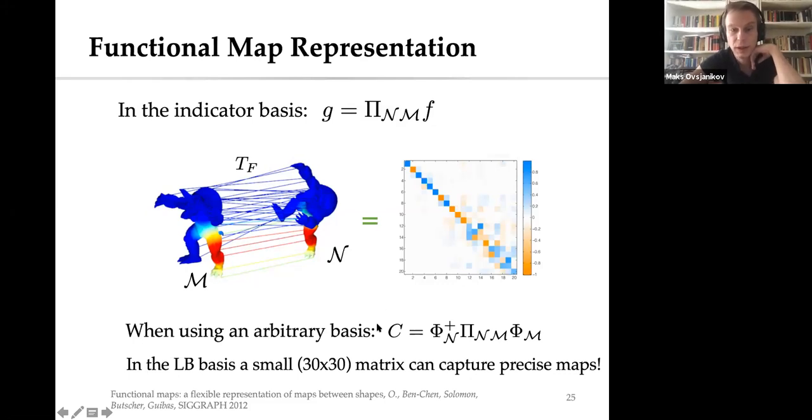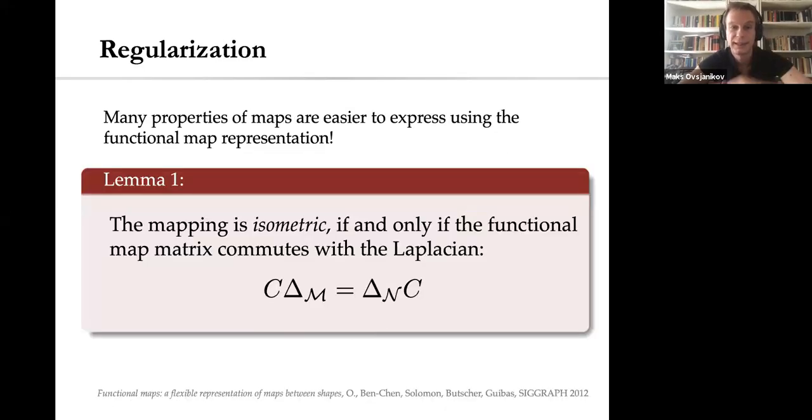And what's nice is that many properties of maps actually become easier to express using this functional map representation. I'll give a couple of examples. A correspondence is isometric, so it preserves geodesic distances, if and only if this matrix C commutes with the Laplacian, right? This is relatively straightforward to show. I won't give a proof, but essentially it's because the Laplacian fully encodes geodesic distances.